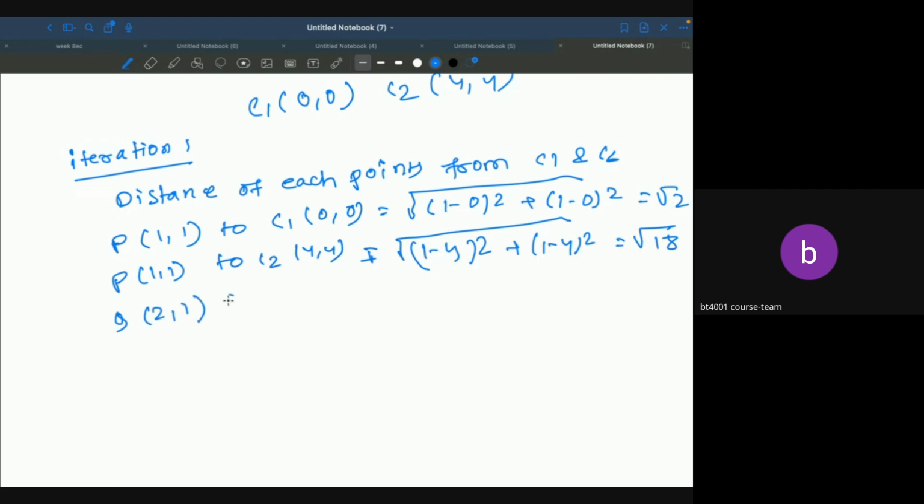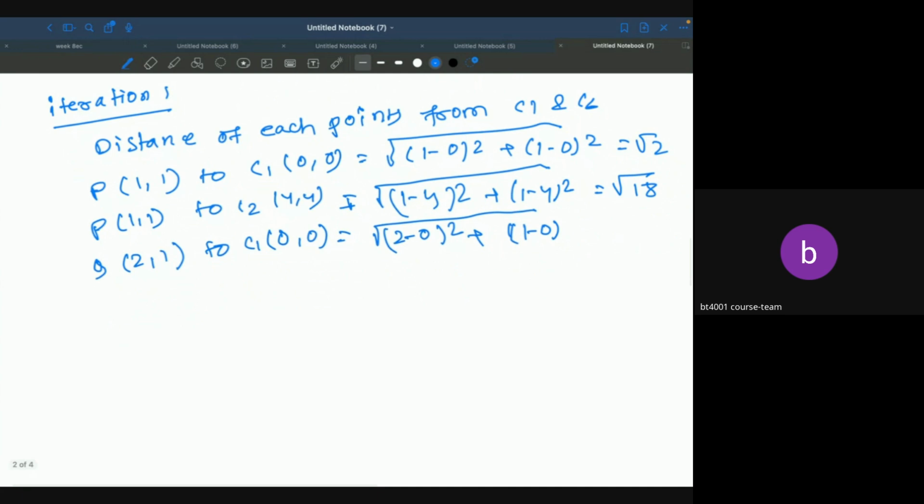Then Q(2,1) to C1 (0,0) will be (2 minus 0) squared plus (1 minus 0) squared. That will be root 5.